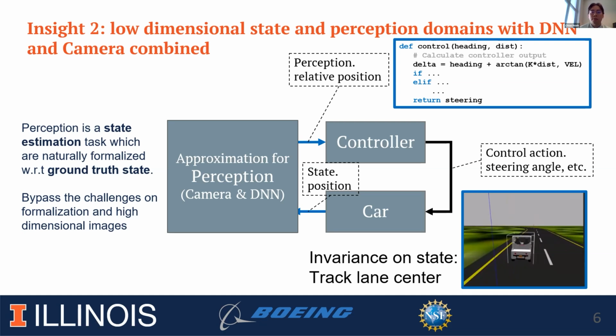First, the combined components are now performing a state estimation task, which uses the ground truth information to get some estimated information, and this specification is naturally formalized with respect to the ground truth state. Second, it also avoids the second challenge because the input and output domain for this combined component is much lower dimensional than the image domain.